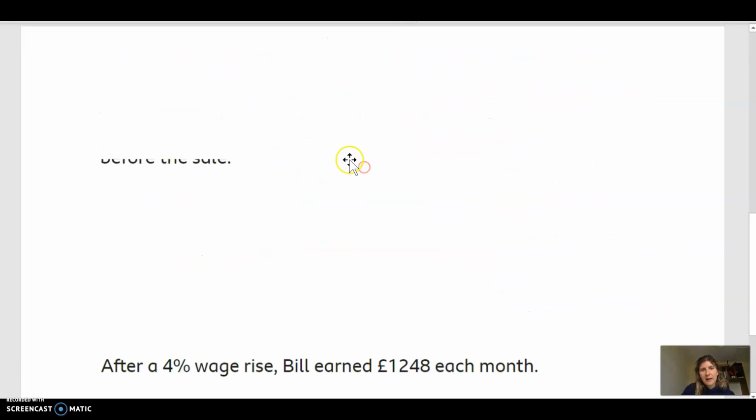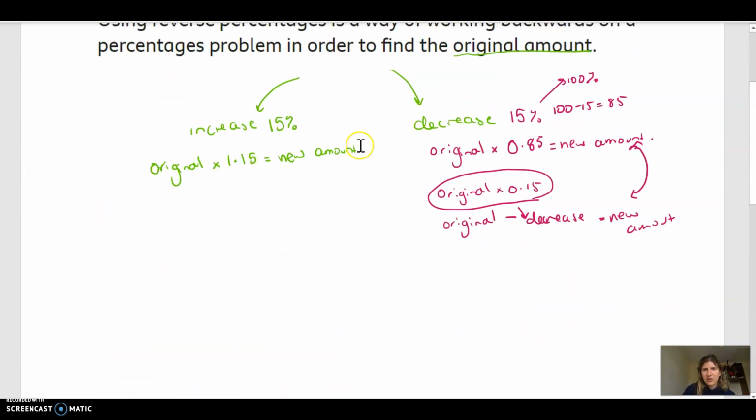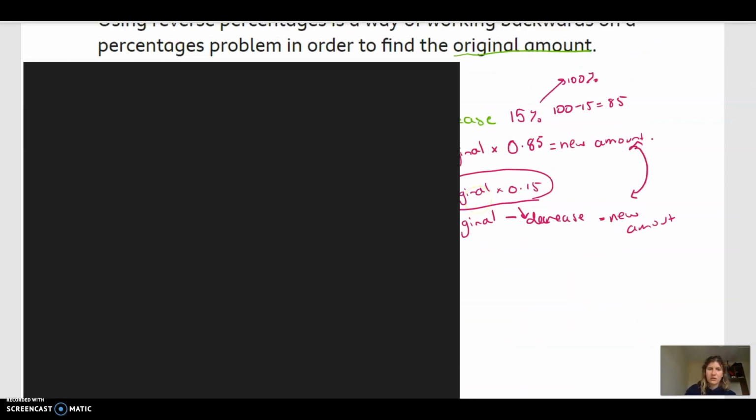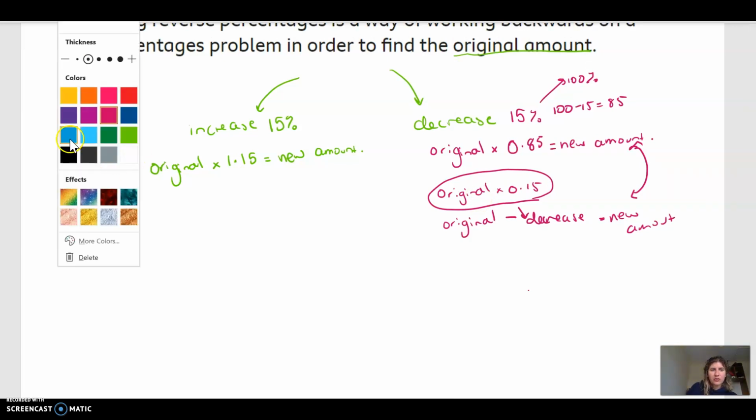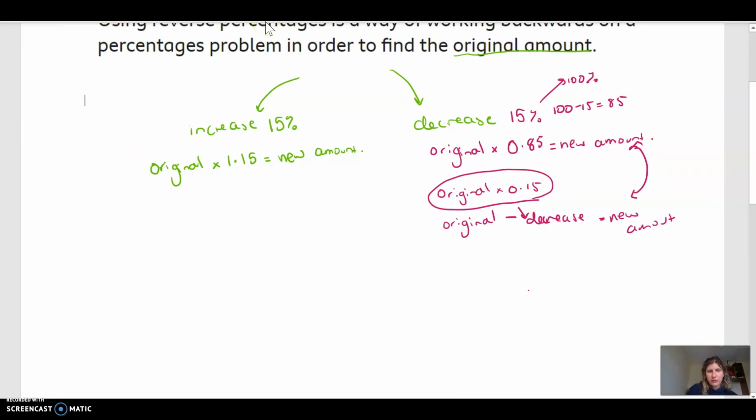Okay, and now I'm just going to do a quick percentage increase and decrease example just so you can see this. So what we're going to do is we're going to take £250 and we're going to increase this by 30%. And we're going to decrease it by 30%.